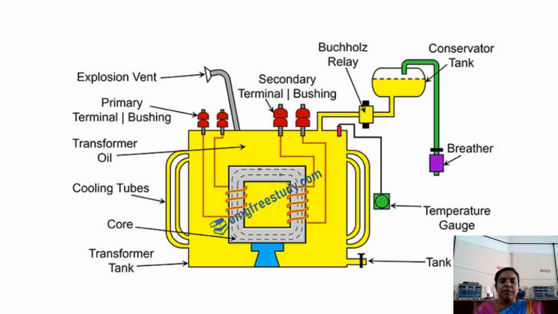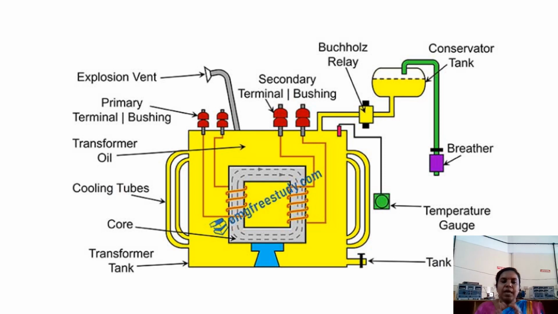Here we have a transformer tank. Inside the transformer tank only the magnetic core with the windings will be placed. As you see in the diagram, in the center portion we have the magnetic core where the primary winding and secondary winding are wound, and it is placed inside the transformer tank.